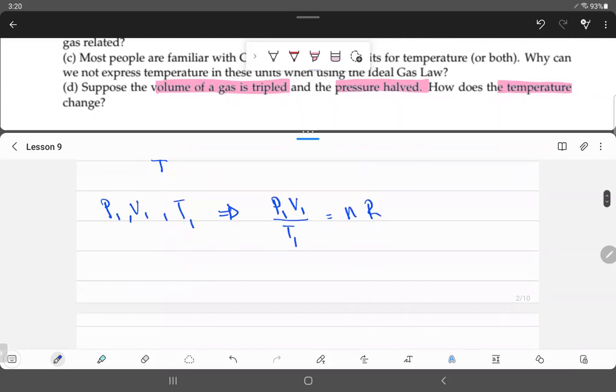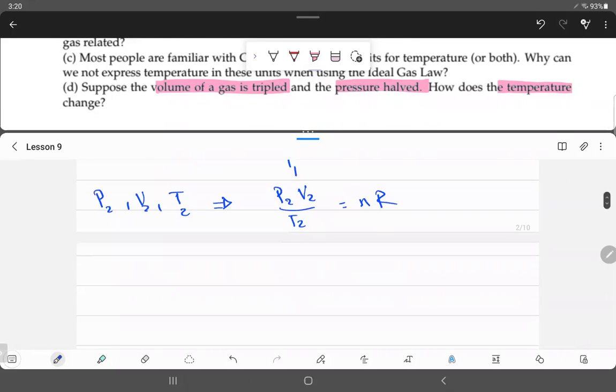If I give you other values P2, V2, T2, it's the same thing: P2 V2 over T2 is always going to be nR, which is constant.